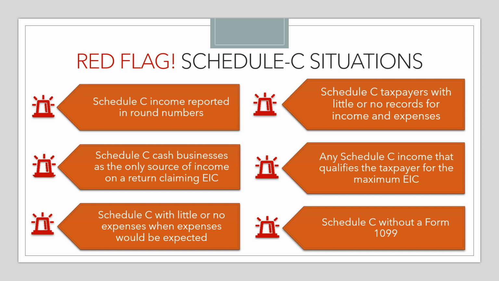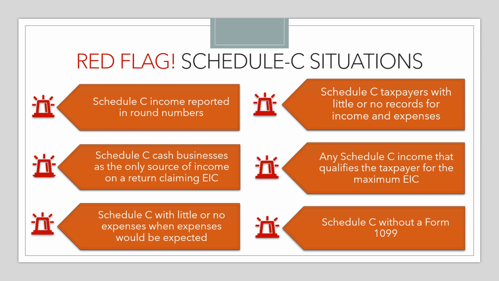So the situations that we're looking for, where we're going to say, hey, we need to ask more questions and understand the situation a little better, would be any Schedule C where the income reported is in round numbers. Sometimes you ask somebody, how much did you earn?